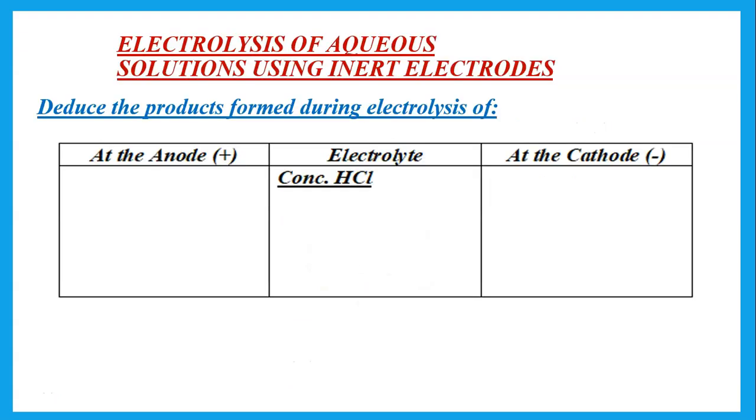Then if we talk about electrolysis of aqueous solutions, now we have, in addition to the ions, the ions from water. So if we're doing electrolysis of concentrated HCl, we have H+ and Cl- from the HCl, but we also have H+ and OH- from the water.